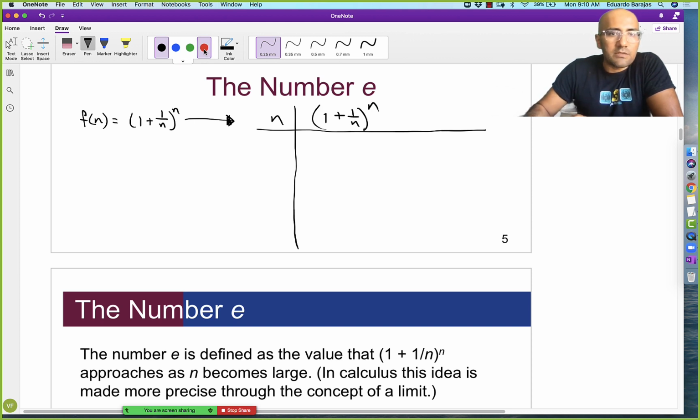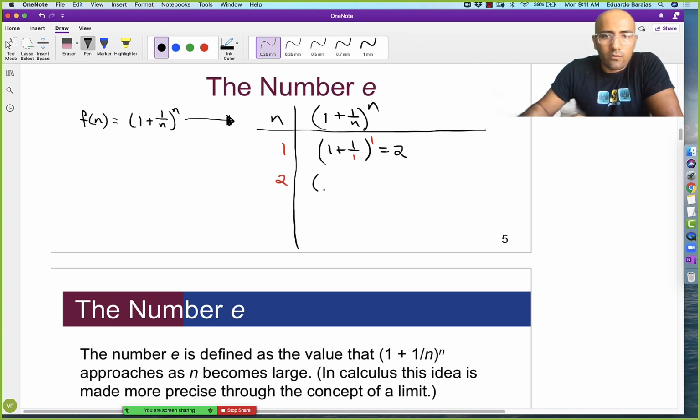So let's say n was equal to 1. Then this would turn into 1 plus 1 over 1, raised to the 1 power. That would just be 2 to the power of 1, so the first number is just 2. Okay, what if n was 2?